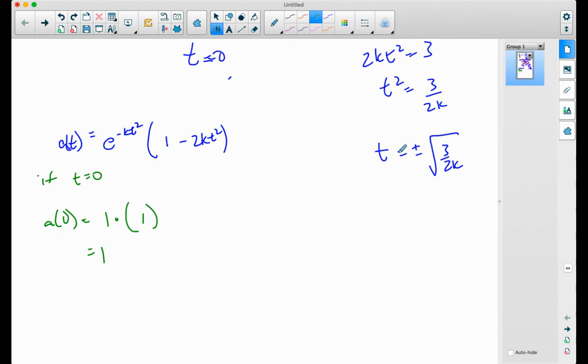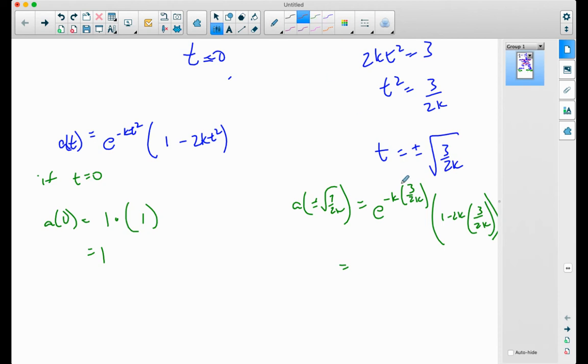If I plug this t in, I get a at the plus or minus 3 over 2k, and I'm doing plus or minus because both terms are squared, so they'll end up being the same. So then it's e to the minus k times 3 over 2k, because the square root and the squares cancel, times 1 minus 2k times 3 over 2k.